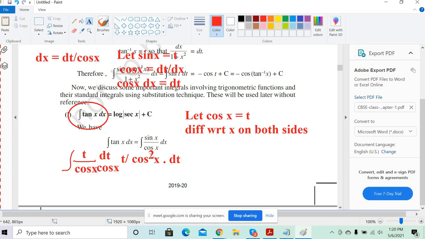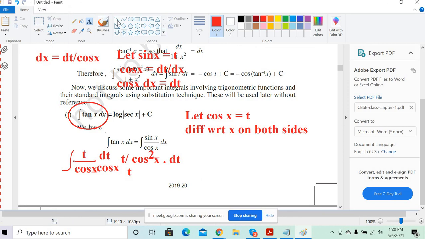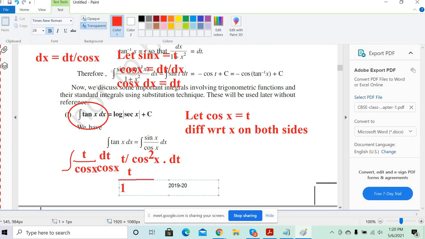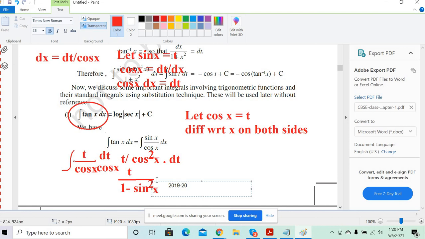So in order to replace that, I have to change cos square x to 1 minus sin square x. Then only I can replace it with t. So it will become t by 1 minus sin square x dt.